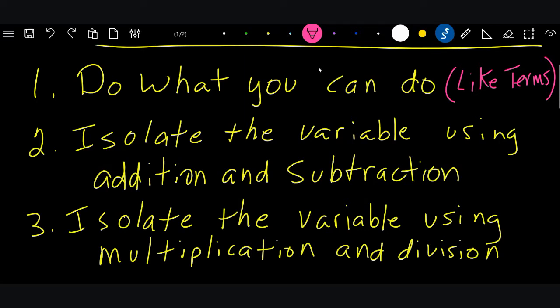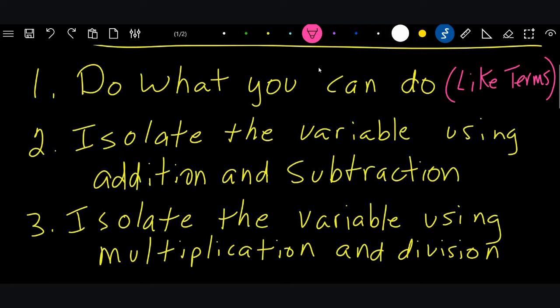Now, this may sound contrary to the rules of operation, the order of operation. And it sounds contrary because it is contrary. We do addition and subtraction last. What's the easiest way for me to tell you this? Think about it like this. When you're solving an equation, you're kind of working the equation backwards.